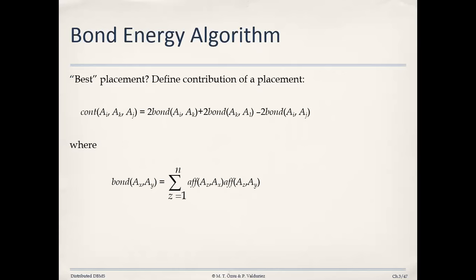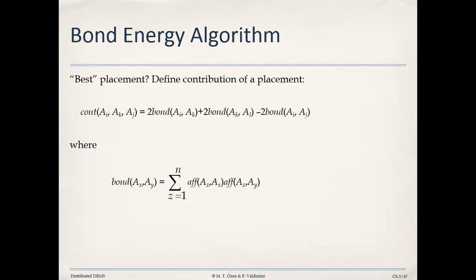You have to calculate the contribution, which is represented as CONT. The contribution is always calculated among 3 attributes, and the formula is twice the bond of AI comma AJ plus twice the bond of AK and AJ and minus twice the bond of AI and AK.